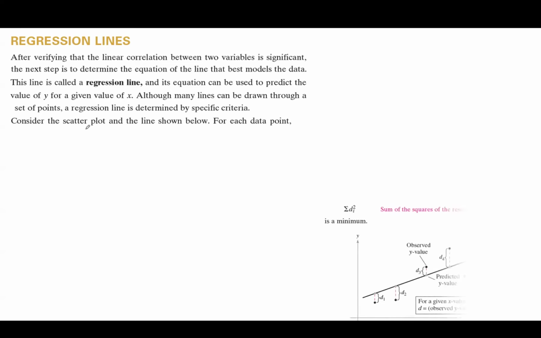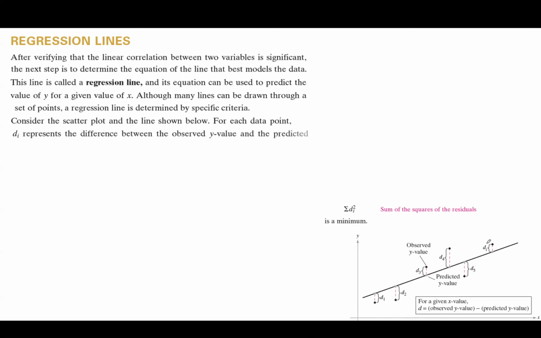For each data point, like these points, you have 1, 2, 3, 4, 5. You have a difference between the actual y value and the predicted y value. These are called residuals. So the actual or observed y value and the predicted y value.